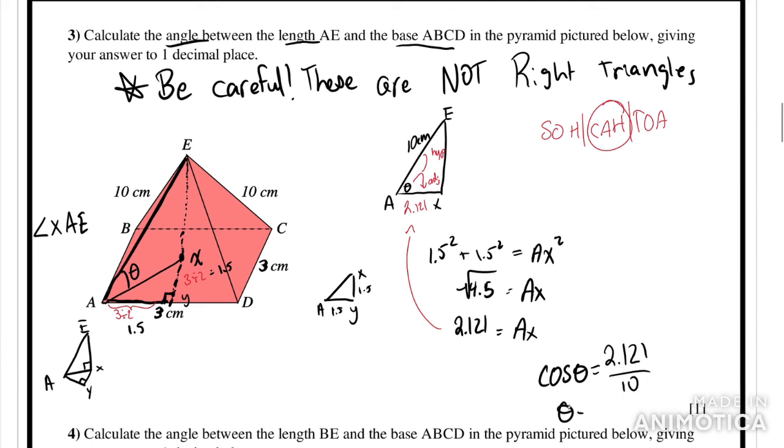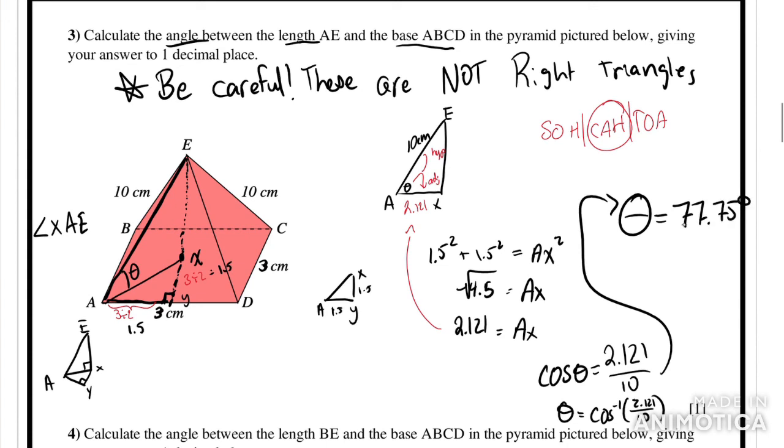And then again, because I'm solving for an angle, I'm going to use inverse cos of this. That's going to give me a final value, and I'm running out of space, so I'll come up here. All right, theta is equal to 77.75 degrees. Now, this should give you enough to go on.